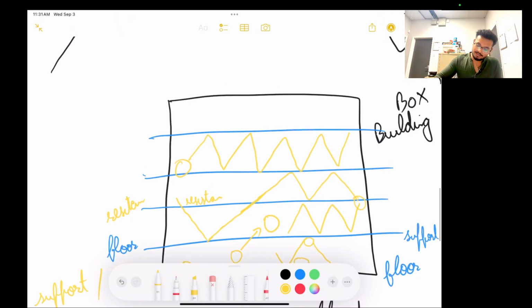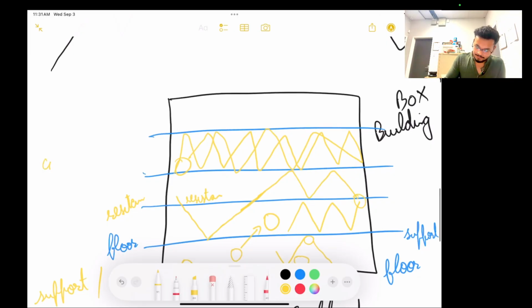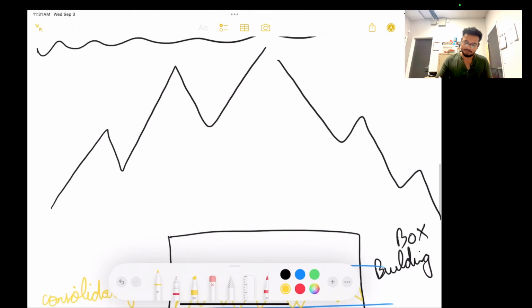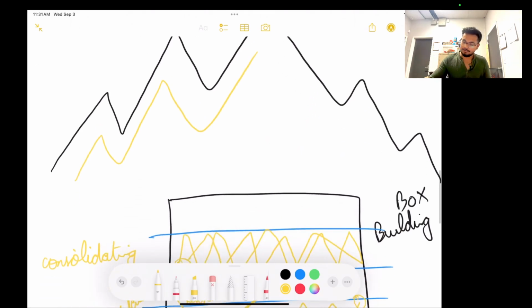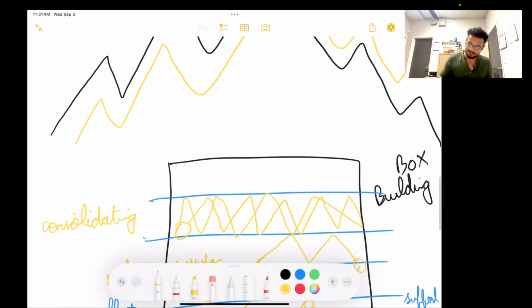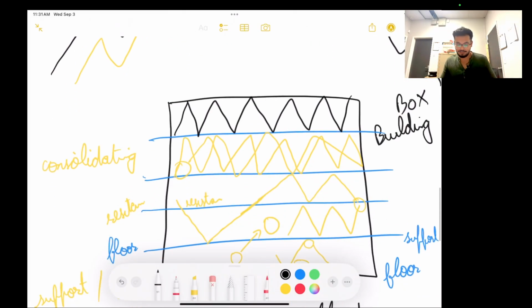It keeps bouncing back and forth for a long time. That basically is also called consolidating, which means price has no fixed trend right now. It's not moving up or down, it's just ranging. Ranging is just another word for consolidating. And this happens when there is no clear trend in the market.